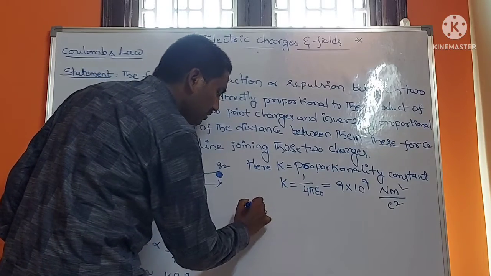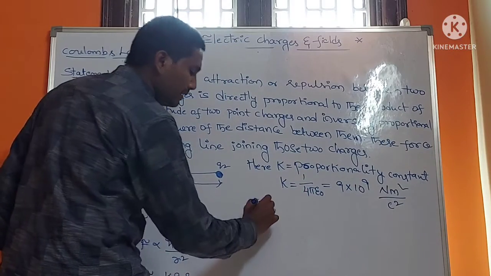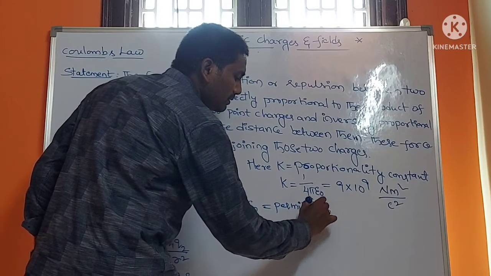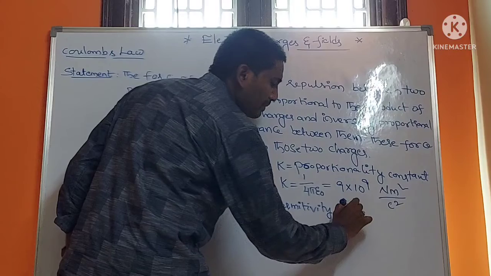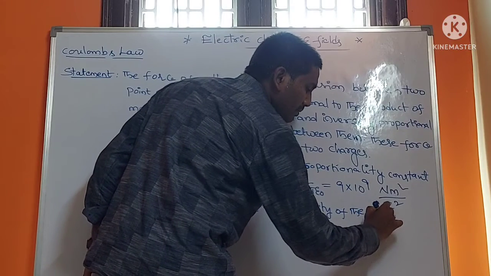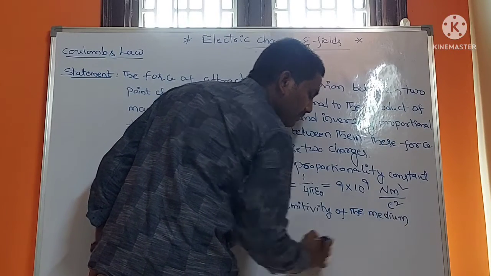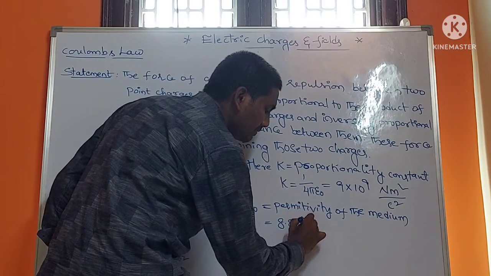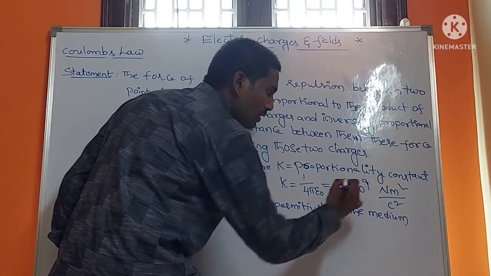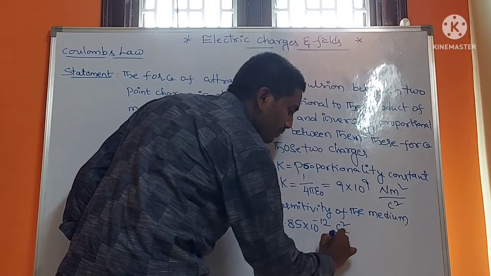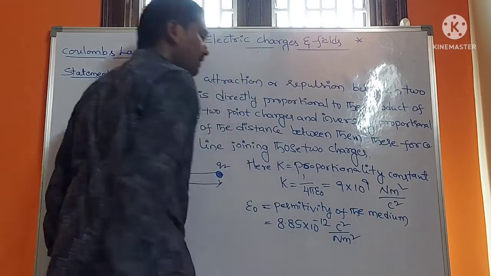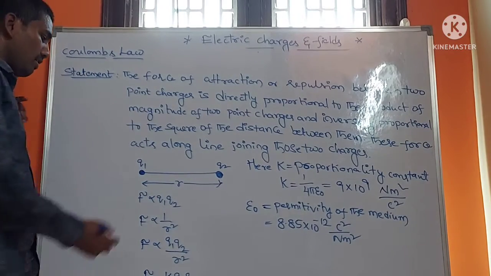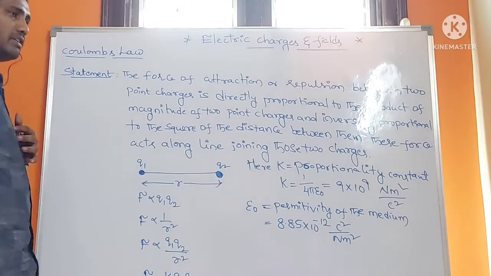Here epsilon naught is the permittivity of the medium, equal to 8.85 into 10 to the power of minus 12 Coulomb square per Newton meter square.